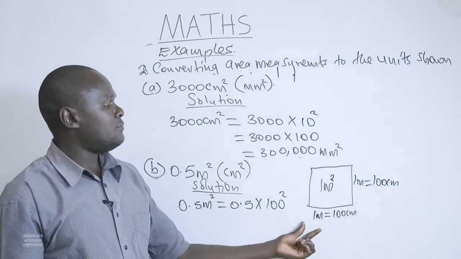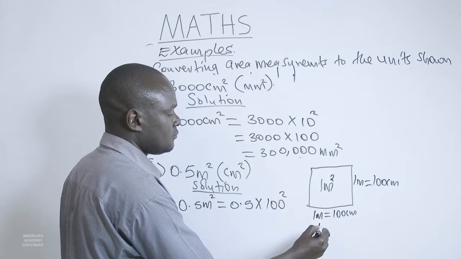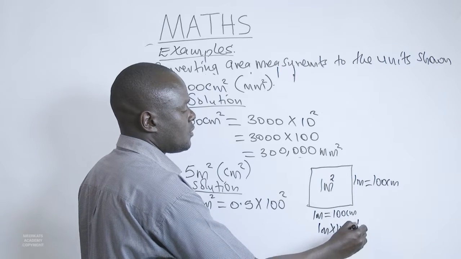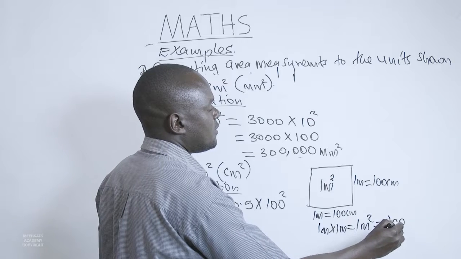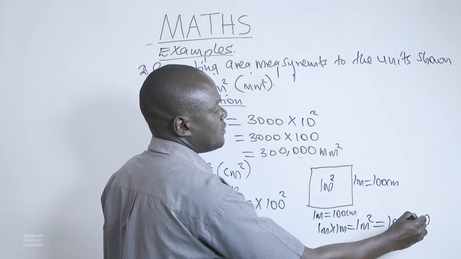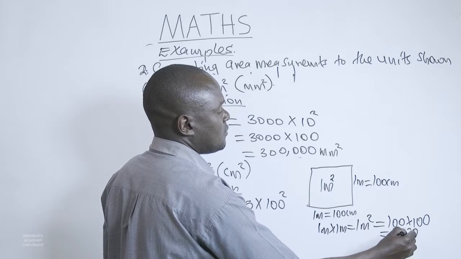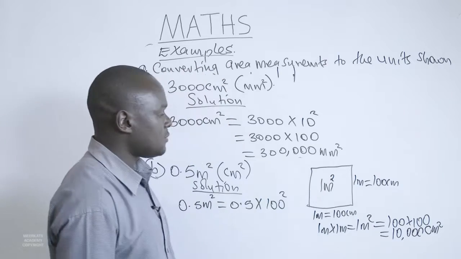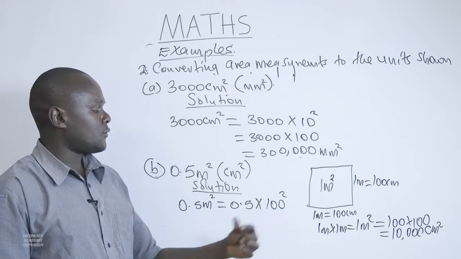So when you multiply a meter by a meter, you get 1 meter squared, which is the same as 100 times 100 centimeters, giving us 10,000 square centimeters. So that is where we are getting this 100 squared.